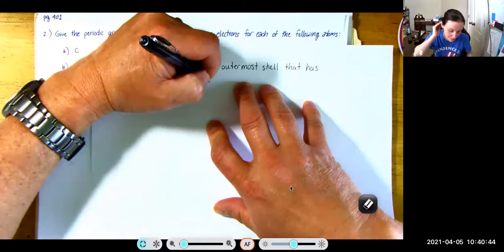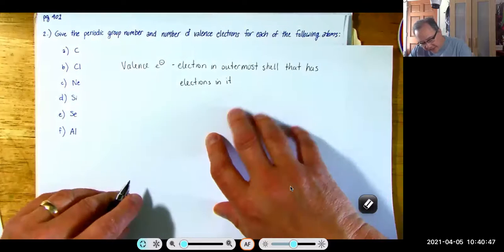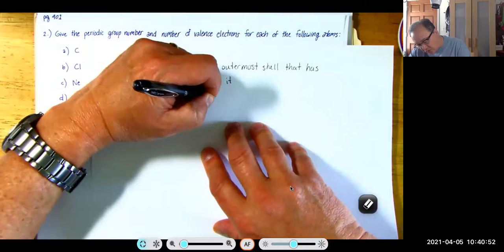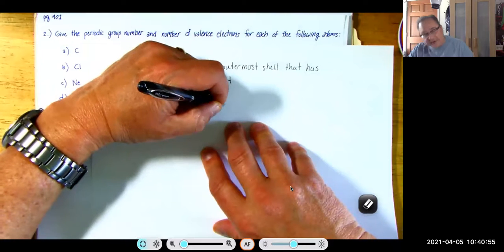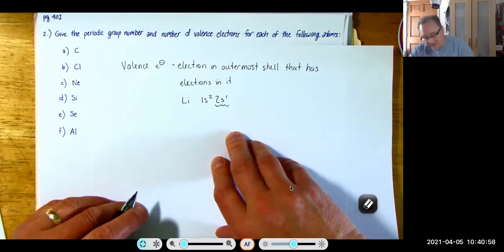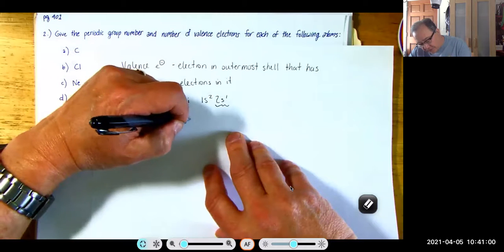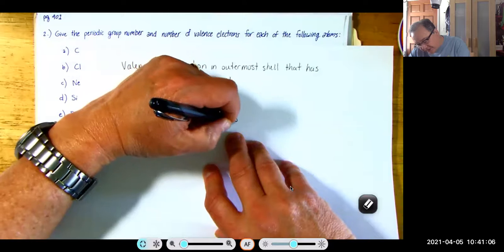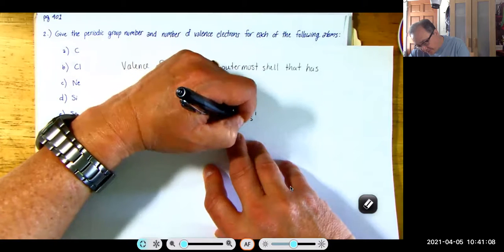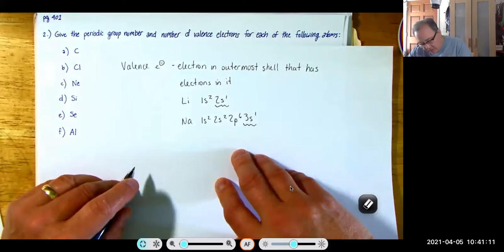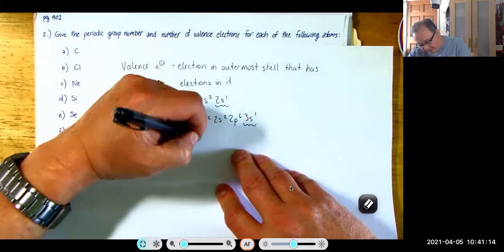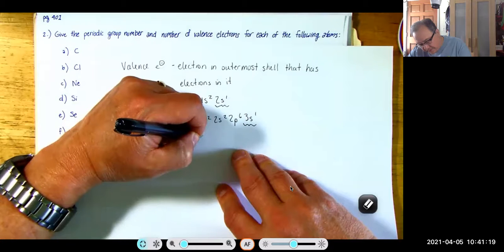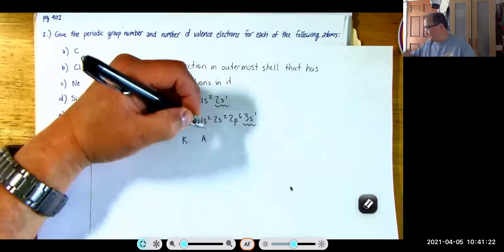Okay. So when we take a look at lithium, with an electron configuration of 1s2, 2s1, there it is. When we look at sodium, which is 1s2, 2s2, 2p6, 3s1, there it is. When we look at potassium, which is argon, I believe, let me take a look.